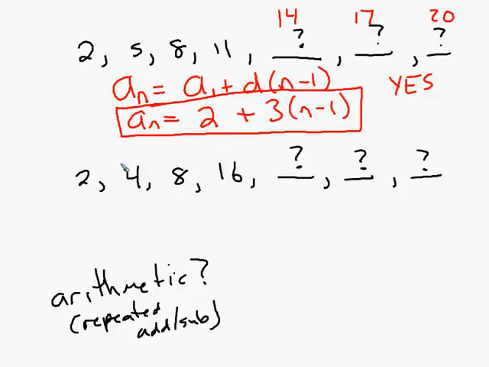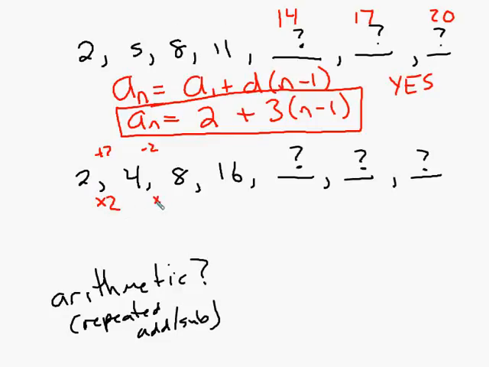I have a question. How do you know if it's arithmetic? You said repeated adding, but aren't they all? Well, let's take a look at this one. Not all of them will be that way. You might think, well, how do I go from 2 to 4? Plus 2. If I add 2 to 4, do I get 8? No. What's another way I could go from 2 to 4? Times 2.